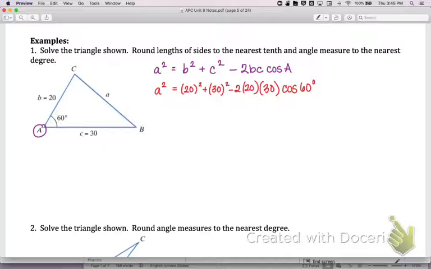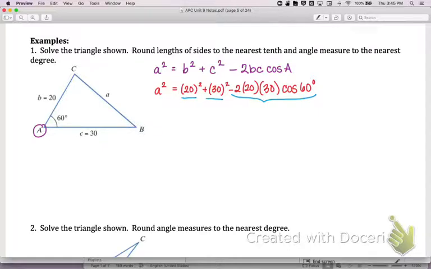Okay, here's what's really, really important, and this is the mistake that I often see. People combine all of this first. That is wrong because, remember, terms are divided up by subtraction and addition. So we have one term here, and then all of this is connected as one term.